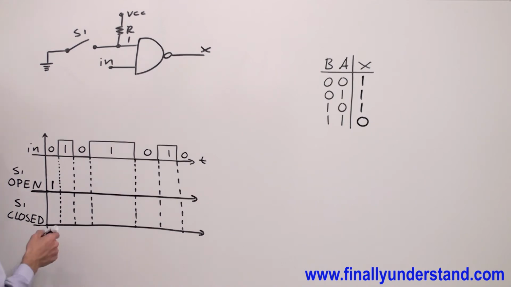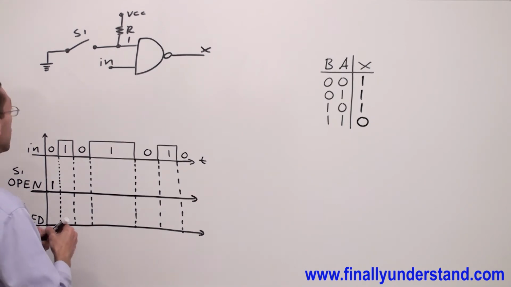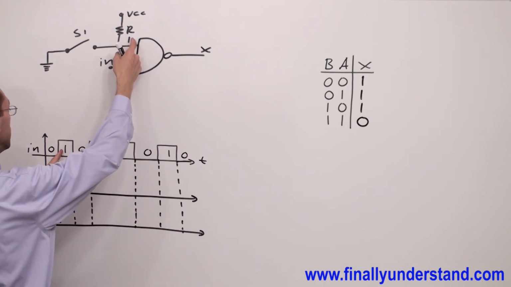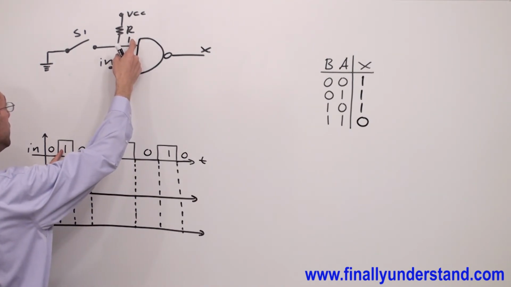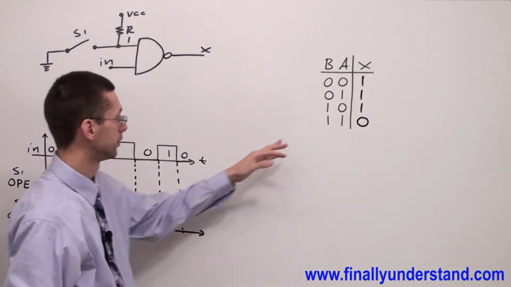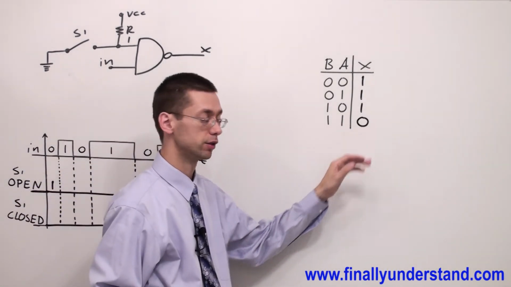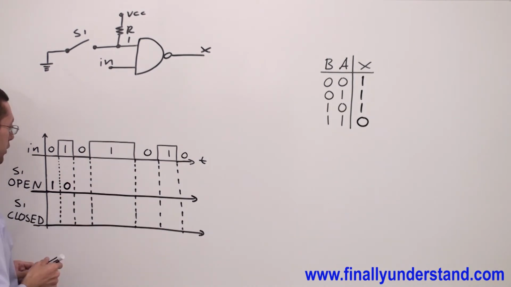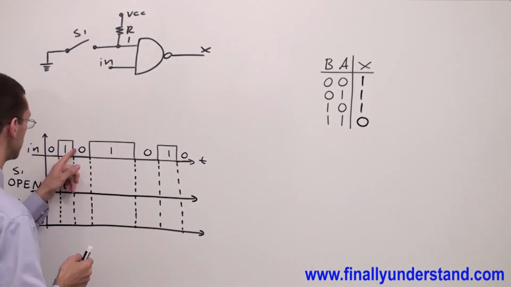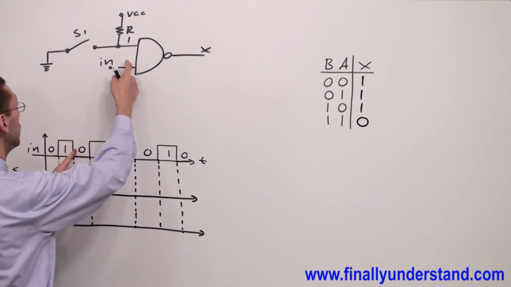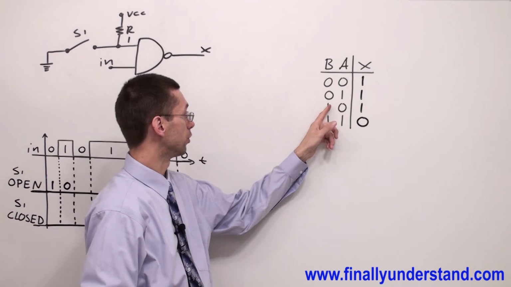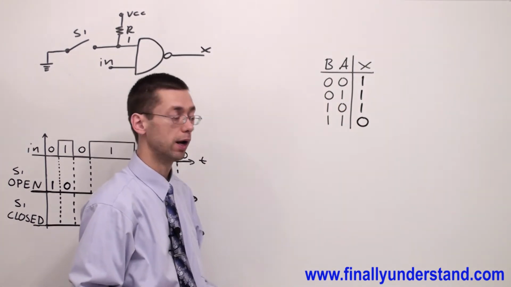If I apply, let's say, this one, and I have this one, okay, so 1, 1 gives me 0 at the output. So that's why I'm going to write over here 0. When time is coming for this 0, I'm going to have 0, 1, or 1, 0, which will give me 1 at the output.